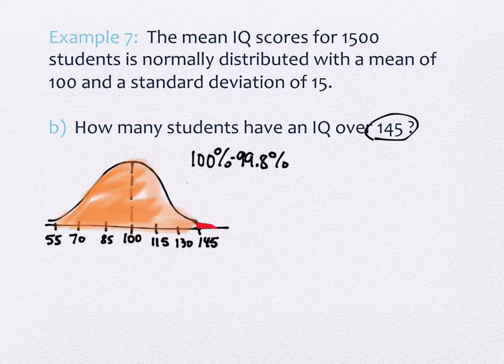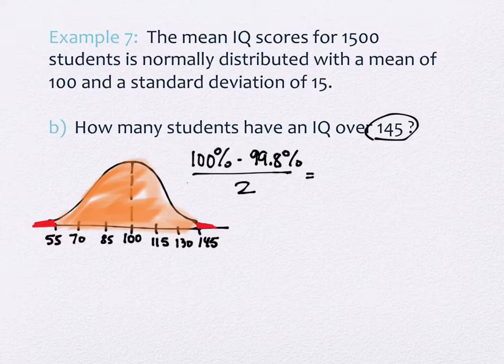What that will actually leave is both little corner pieces, and I'm only supposed to have one of them. So we can take the 100% minus my 99.8 and then divide that quantity by 2 to get just one of those two sides. So go ahead and do that. Take that 100 minus 99.8 divided by 2, and what do you get?